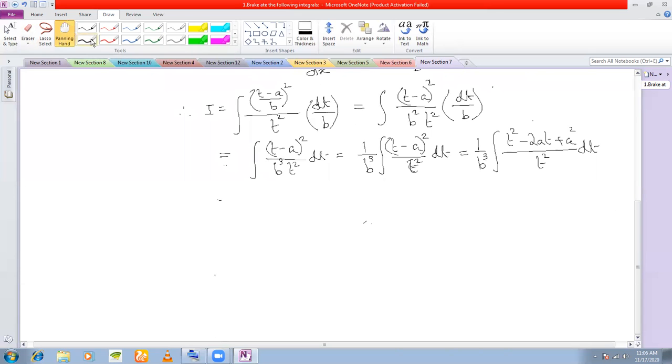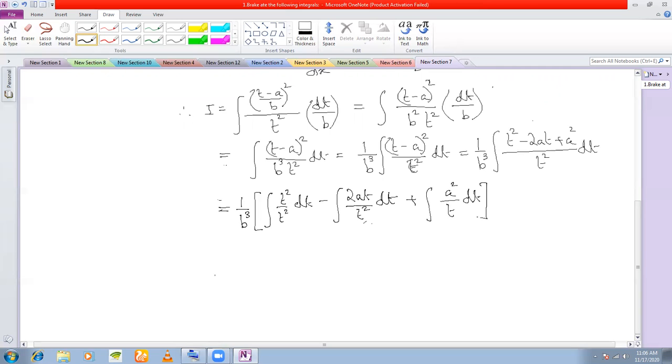Okay, so now what do you get? 1 by b cube. Separate everything. You have integration t square by t square dt minus integration 2at by t square dt plus integration a square by t square dt.